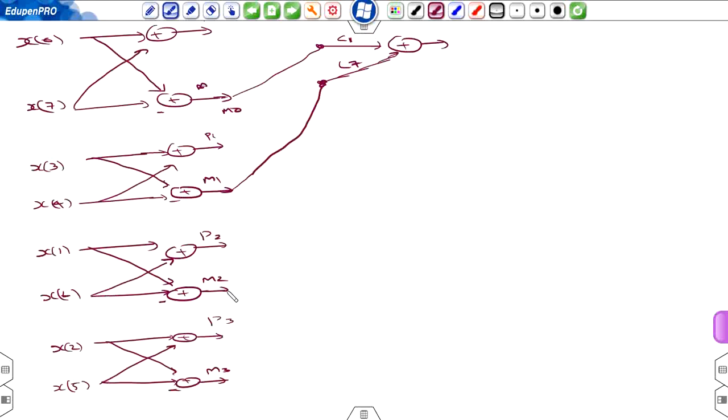So M2 multiplied by C3 given to the adder, and M3 multiplied by C5, and finally adding their result.